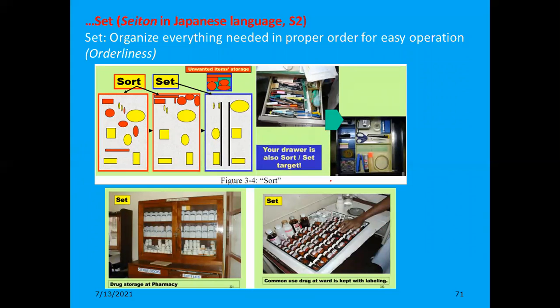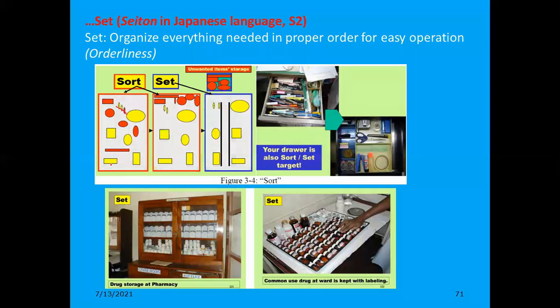We are doing set. If you see the set examples, see here, a dining table. How to sort, how to set: the items are at one point, this is on the left or right corner, this side you have some places.